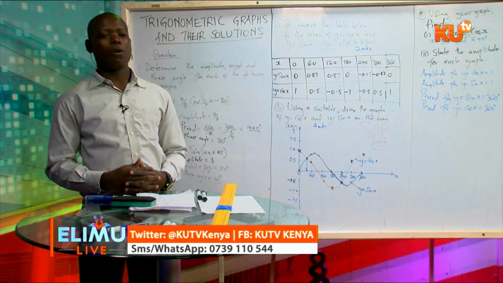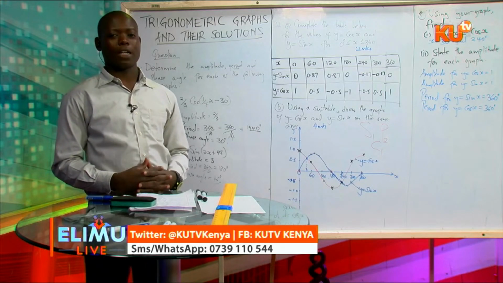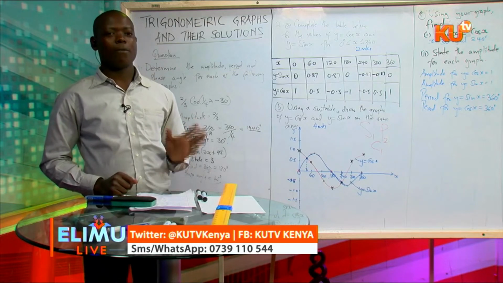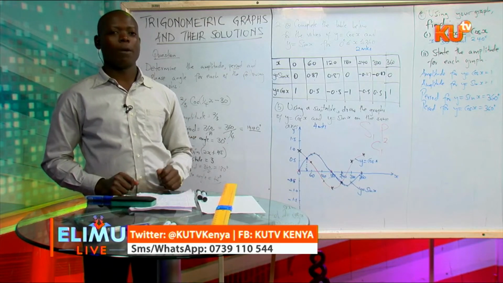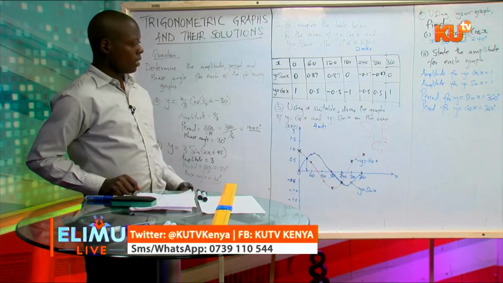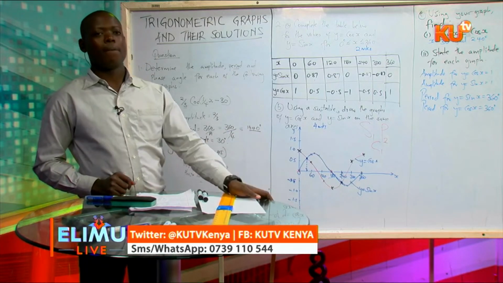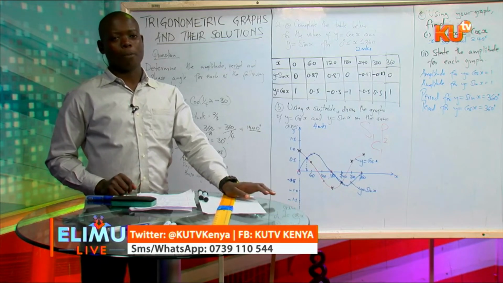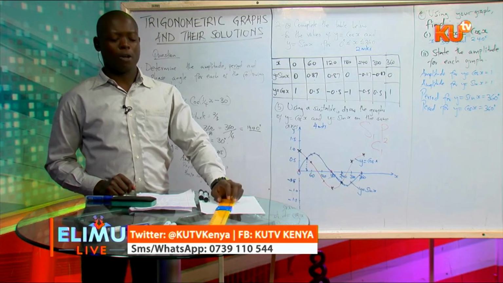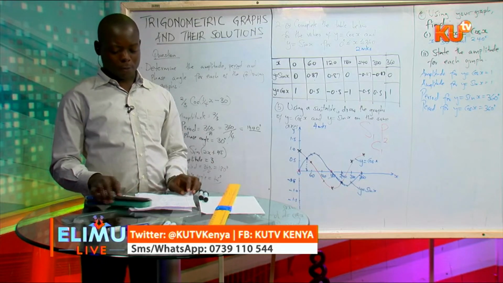And that is the only way we can draw a tan graph, so that the graph becomes continuous. Otherwise, the graph of y is tan x will be asymptotic, and in that case, it cannot help us work out the amplitude, period, and the phase angle, because it will have no maximum, it will also have no minimum value.